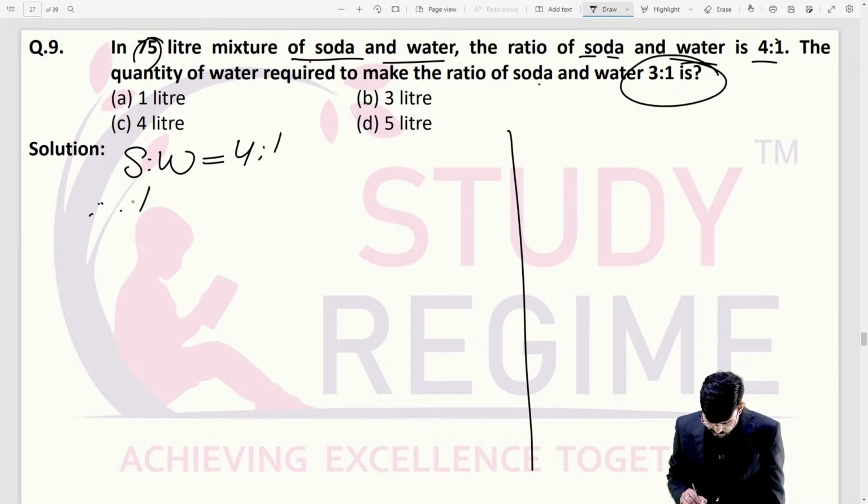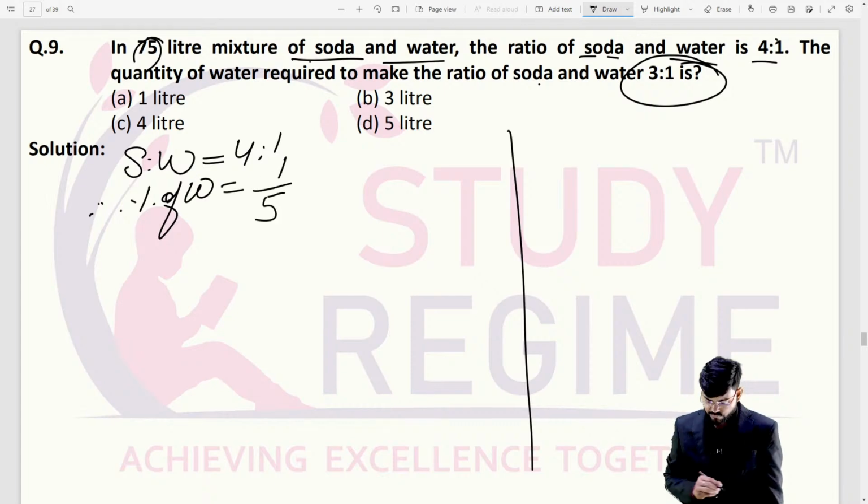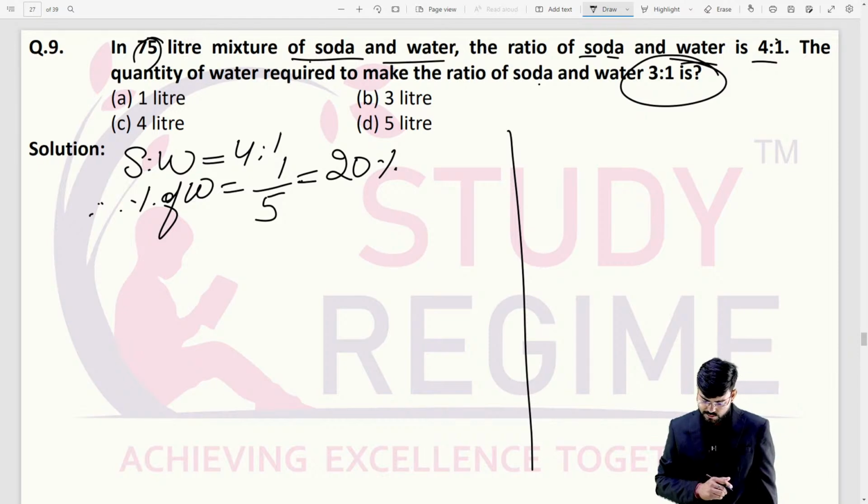Therefore, the percentage of water is equal to 1 part upon total parts, so I can write it down as 20%. This much is clear. The ratio of soda to water is 4:1, and I want to calculate the percentage of water in the mixture. I wrote 1 upon total, so I got 20%.